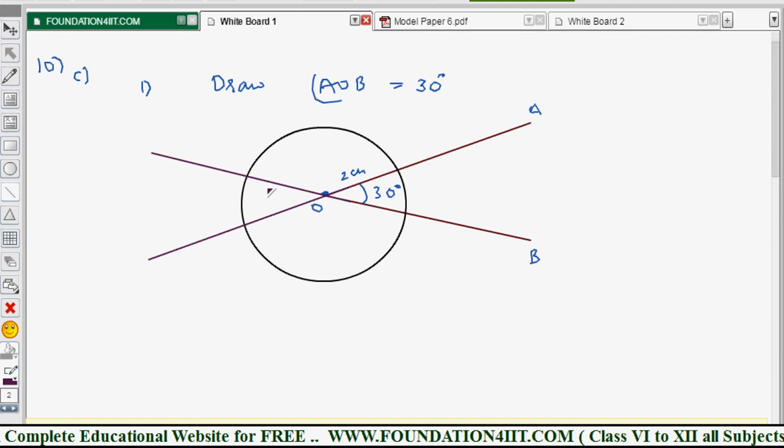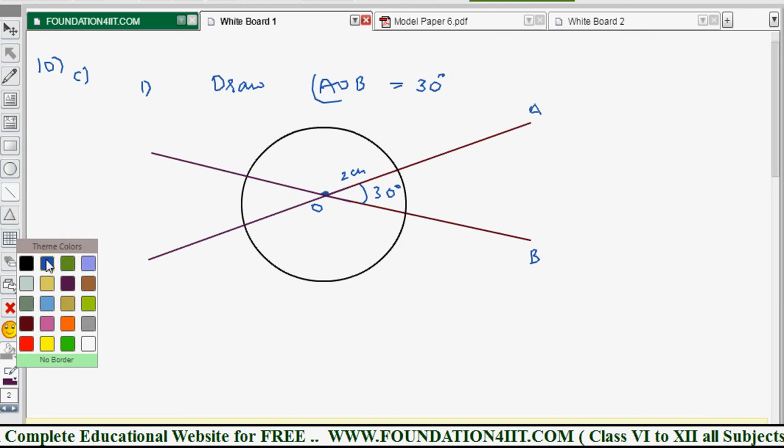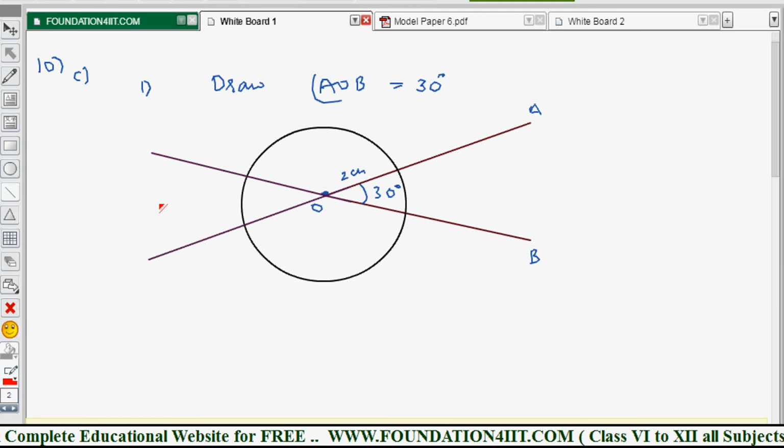Everything is 2 centimeters, and we should take the equal points from these two lines. So we should bisect; 30 degrees bisected is 15. Draw the bisecting line, and for the perpendicular line also bisect. Now this is the 15 degrees.